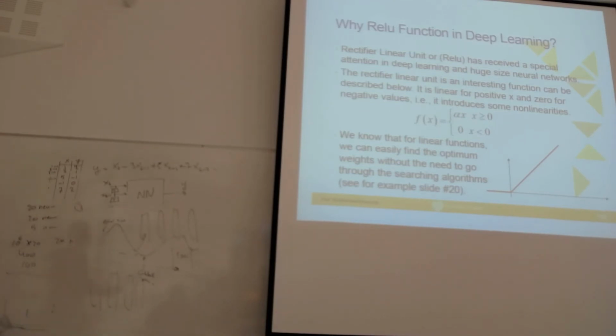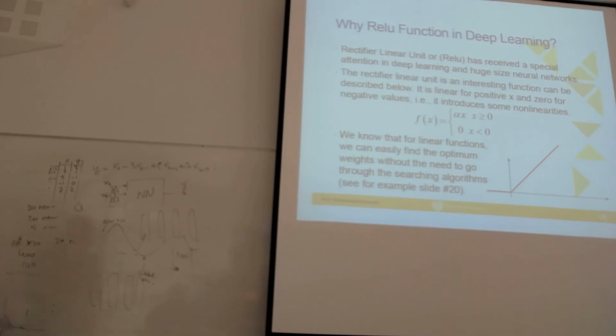If we have linear networks, then, as I explained before, we will have a convex function, and then we can compute the optimum weights in the way that we showed before in linear regression. So it is much easier to find the optimum weights in linear networks than in nonlinear networks.